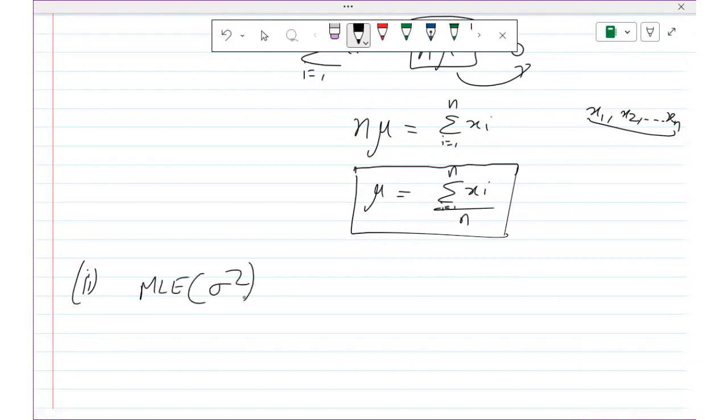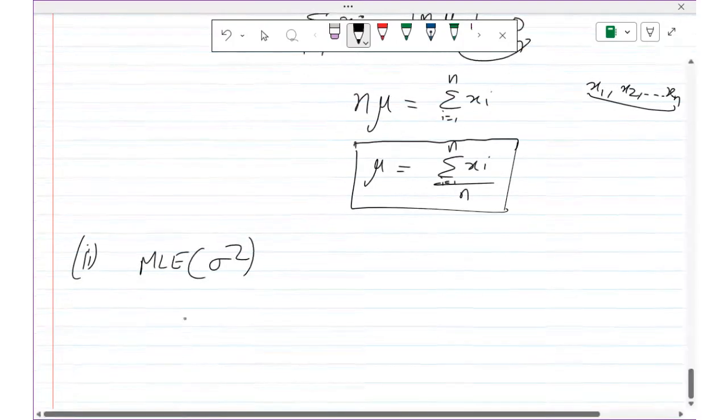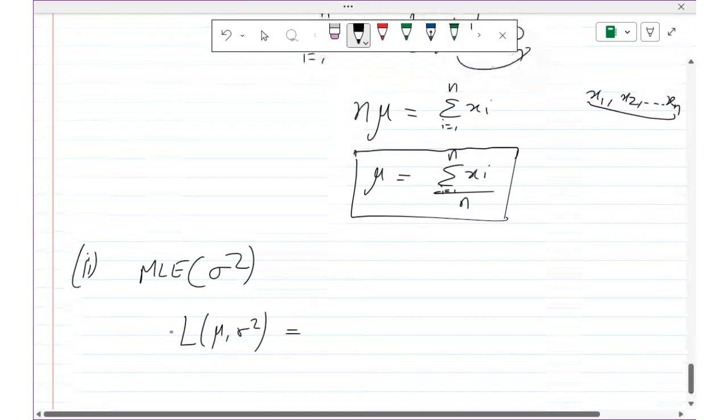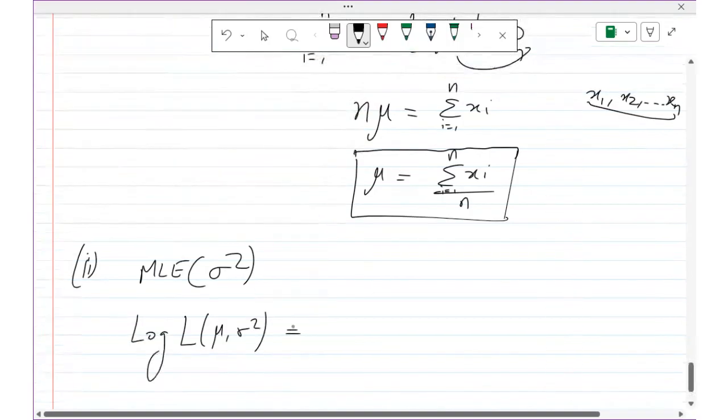First of all, what is the likelihood function in terms of sigma square? It was log of L. Second part we will not repeat now.